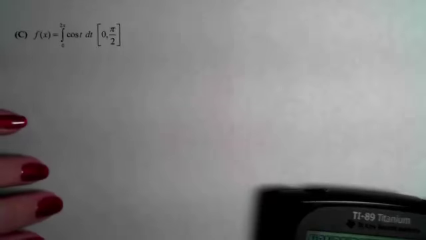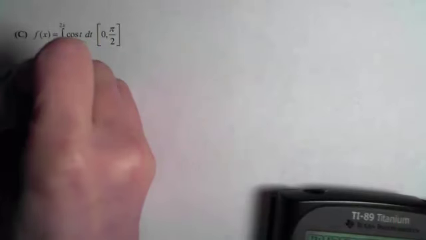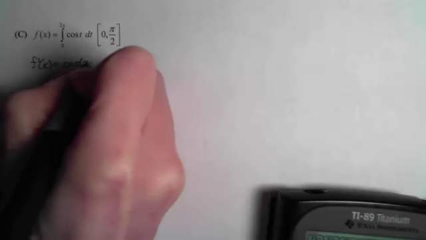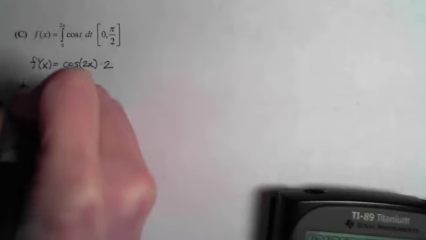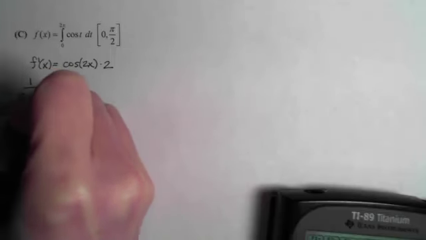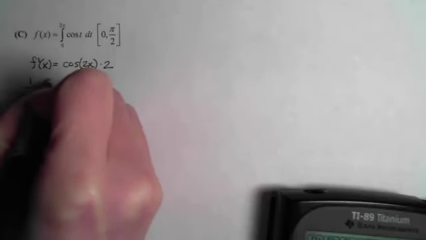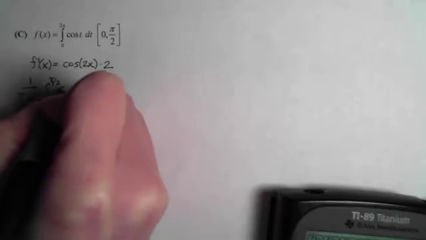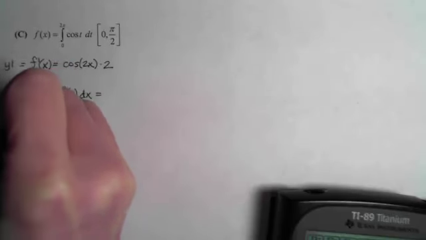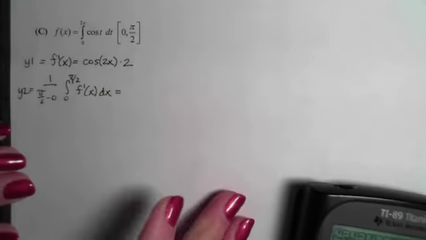Okay, last one. C, same issue. We need an f prime, which is the cosine of 2x times a 2, and I need a 1 over pi over 2 minus 0 times the integral from 0 to pi over 2 of that f prime. So this is going to be my y1, this will be my y2.